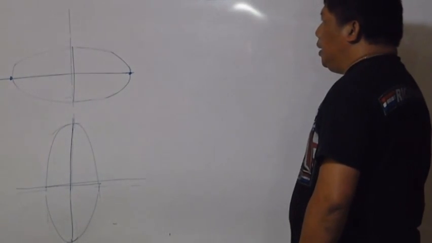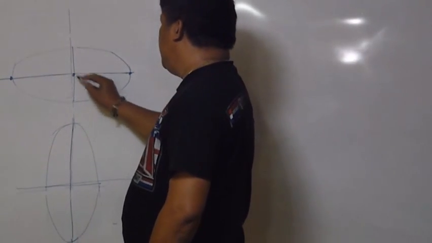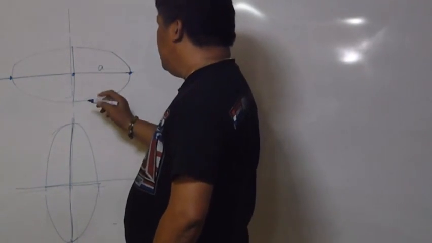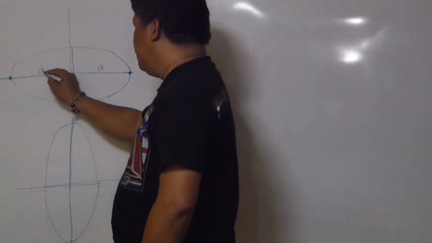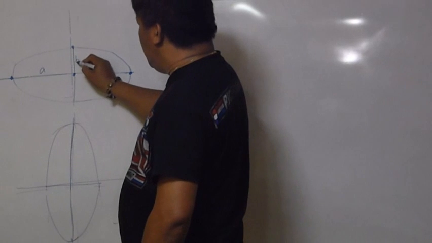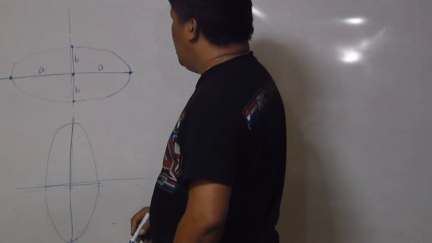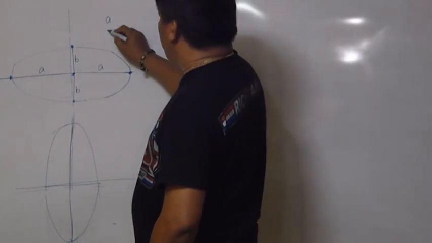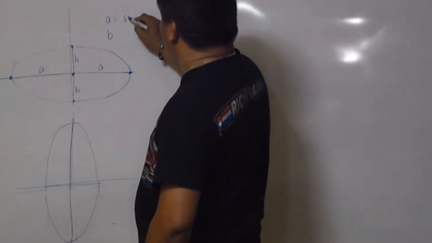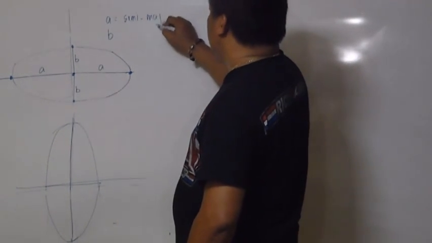As to which one is longer, from the center to the vertex here, we can consider it as A. Or from here to there is also A. And for the minor, here to the center we have B, or from here to here again is another B. Now, where A is what we call the semi-major axis.